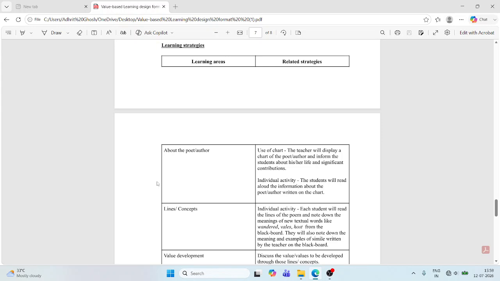If you're depicting certain spies who actually led to some very devastating events in history, or maybe certain actions of certain kings which led to disastrous consequences. Those incidents in the chapters, specifically when you are describing those incidents, then you can specifically mention the values to be developed through those specific concepts or the specific events or the incidents.